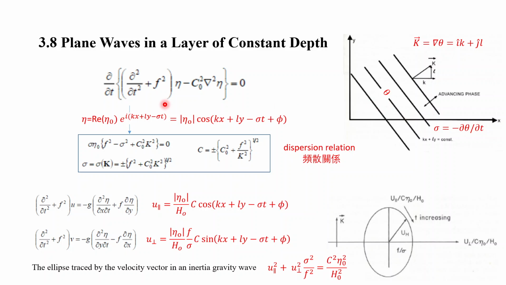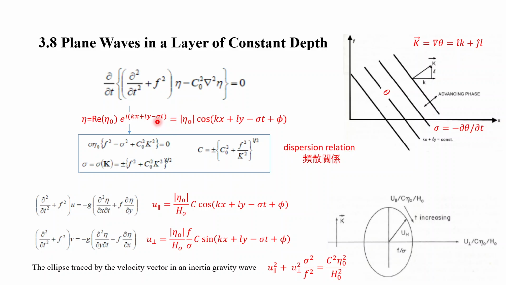If you write the mathematical form for the solutions, for example for eta, which is the surface height anomaly, then eta can be written with the amplitude part of the solution, the real part of eta naught, and then the plane waveform, e to the i kx plus ly minus sigma t.